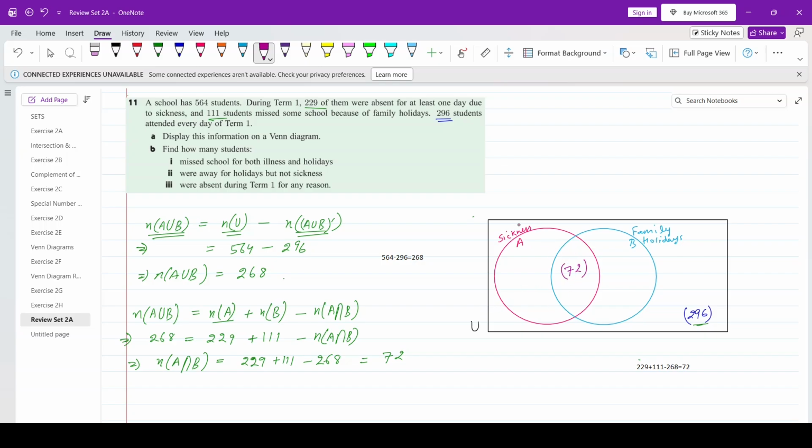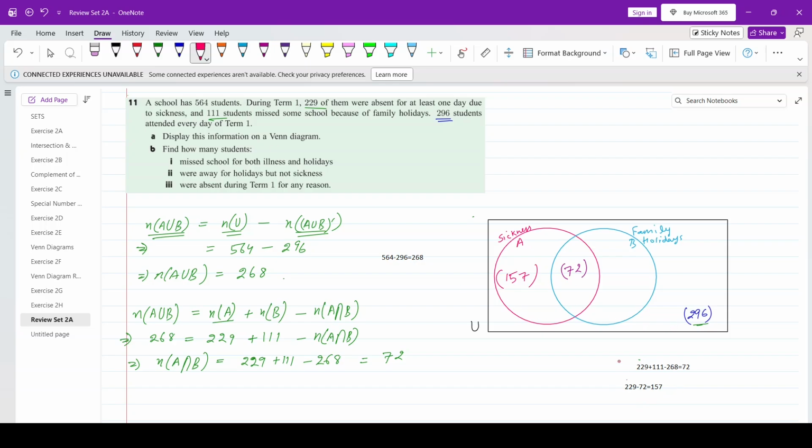And we know A has 229, so 229 minus 72, we have 157 students here.